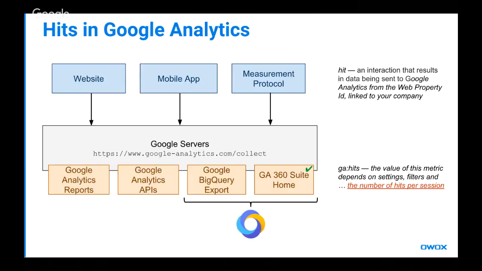What does it mean? A session with over 500 hits may result in hits that are collected but not reported in the UI or by the API. But all of those hits are included in the billable hit volume. So let's take a look at those reports.